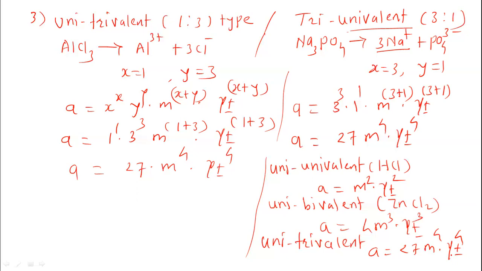For unibivalent or biunivalent type of the electrolyte, the expression for the activity is a equal to 4 m cube gamma cube. And for unitrivalent or triunivalent type of the electrolyte, the expression for the activity a is equal to 27 m raised to 4 into gamma raised to 4.